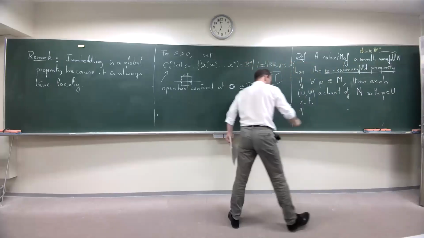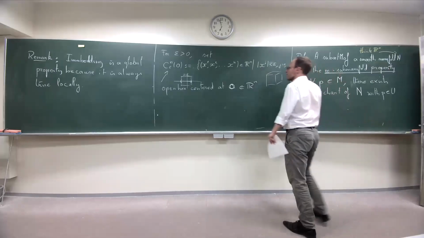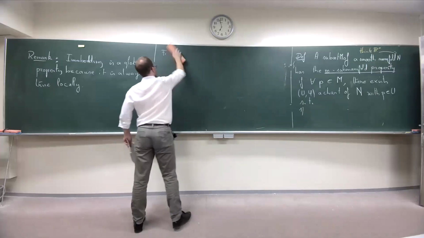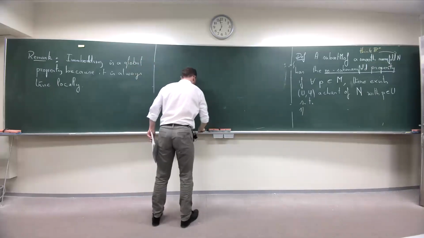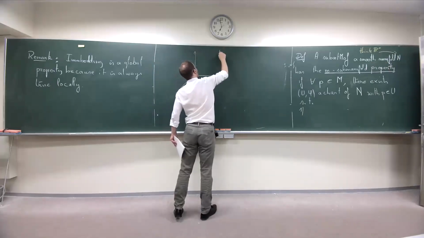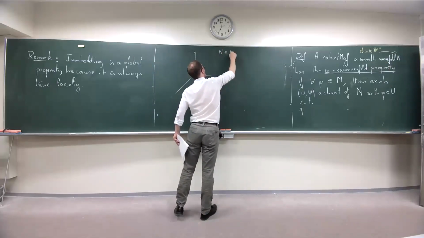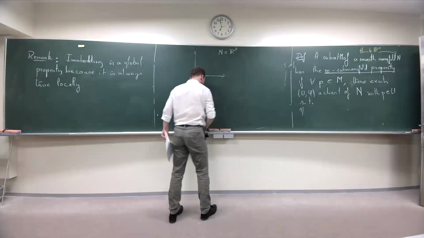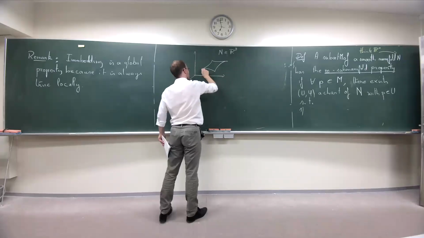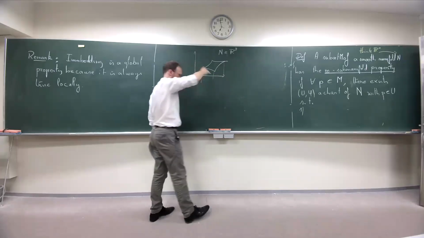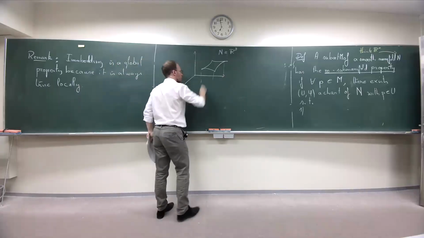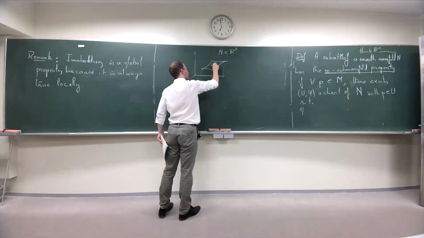So let me try to make a picture. I will consider N is R^3. This is N, I identify it with R^3. And I take a subset. And this subset is going to be like this paper in R^3. And I take a point p inside.